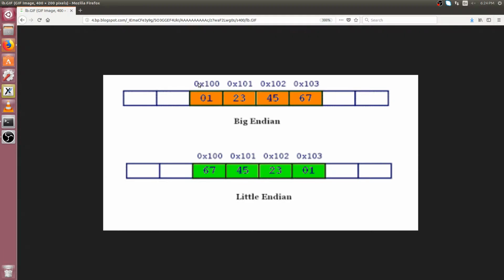So if we had two identical sets of values, your highest address in Big Endian is going to refer to your... they're basically reversed of one another as far as addressing goes.